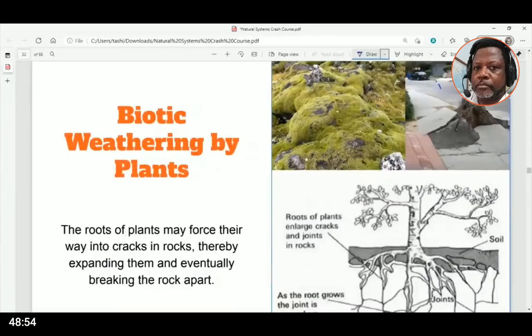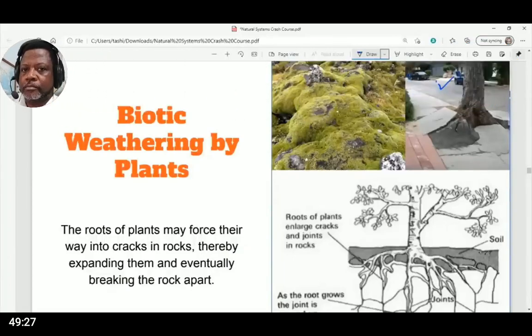Biotic weathering by plants. Look at the pictures that are there. Let us use this one first. We see this one a lot. In this case, the roots of the trees are growing constantly, so they are moving. They force their way into any cracks inside the rock. Because they are constantly growing and forcing their way into the rocks, they cause them to expand, and eventually they break the rocks apart.